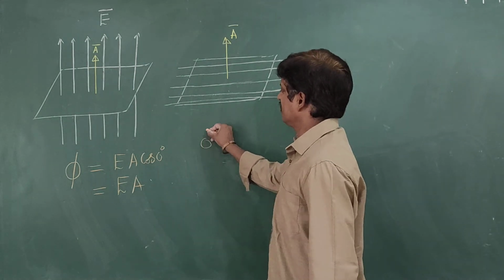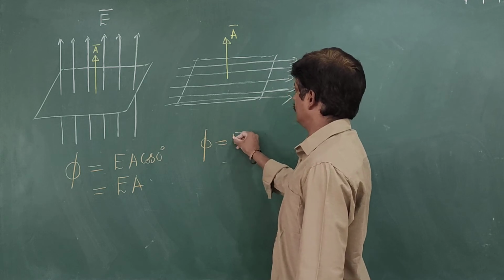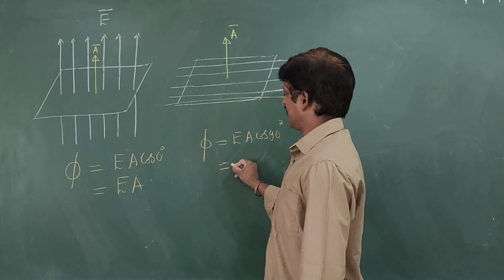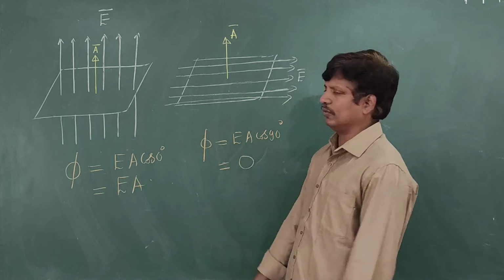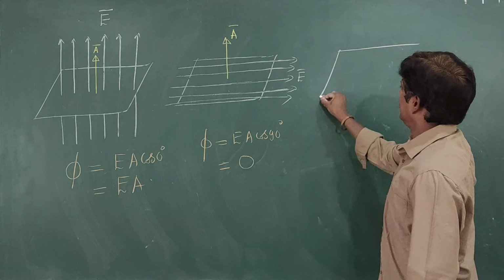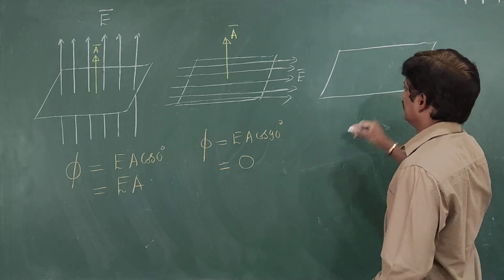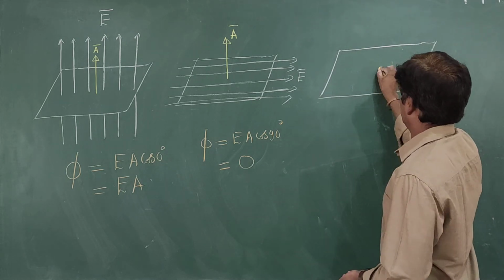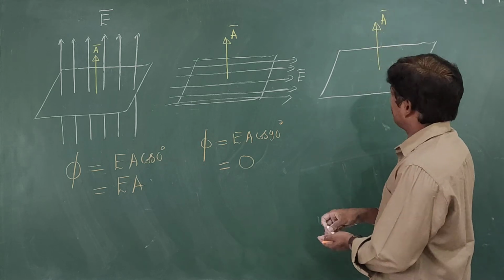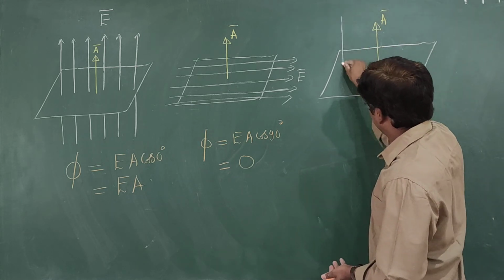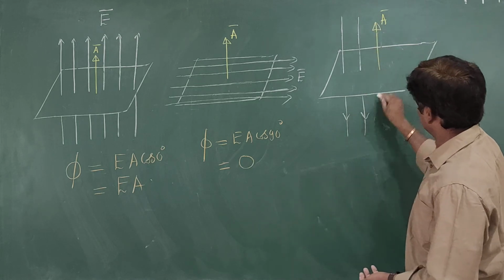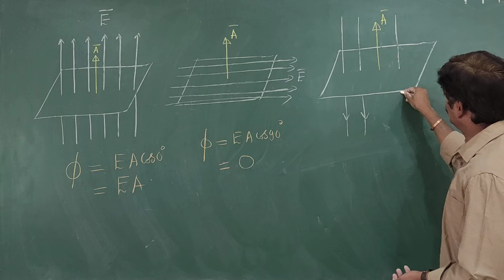That means electric flux phi is equal to EA cos 90, and the electric flux will be equal to 0. Right? Now let us consider the area vector like this. Now electric field lines are crossing the area this way.